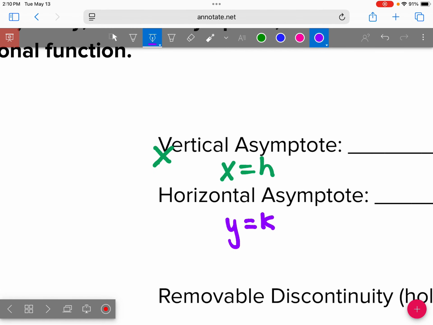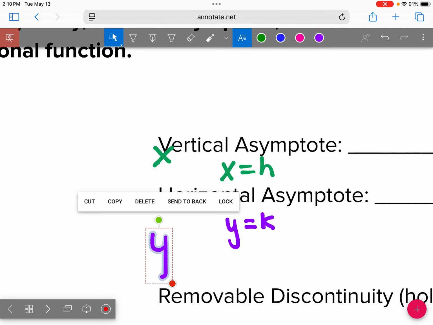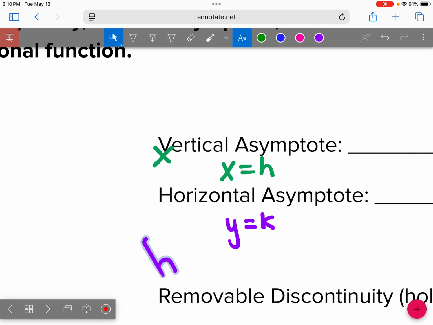If you think about our Y, if I was to take my Y and flip it, it kind of looks like an upside down H. So that's another way to think of it. If you do a loopy H like I do, it can flip. I'm trying to show you in person, but it's not letting me.